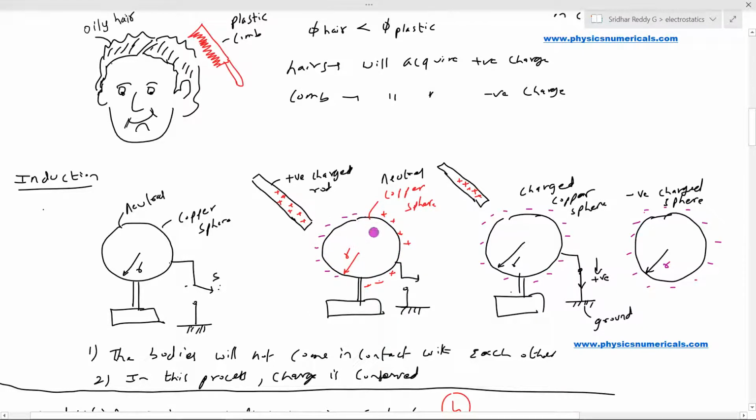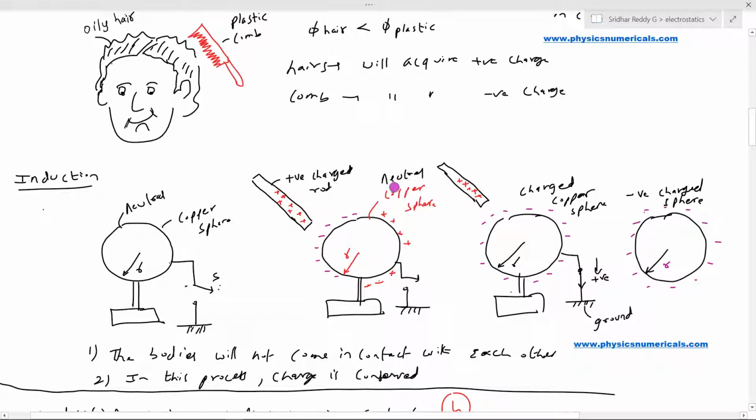Why? It is a property of a conducting material: when you bring a charged body near a neutral conductor, it induces negative and positive charges. Still, the net charge is zero. As much positive charge is developed on one part of the surface, an equal and opposite negative charge is developed, so it is still electrically neutral.